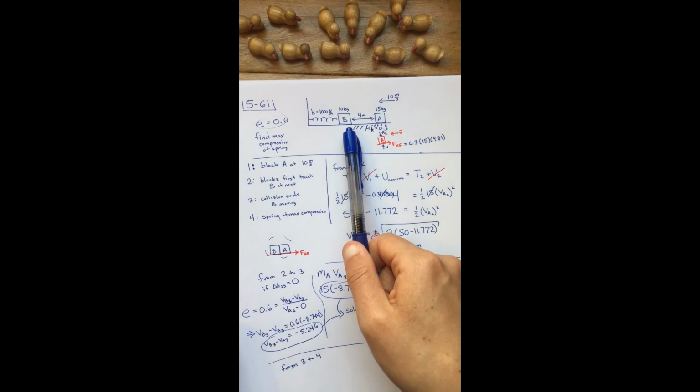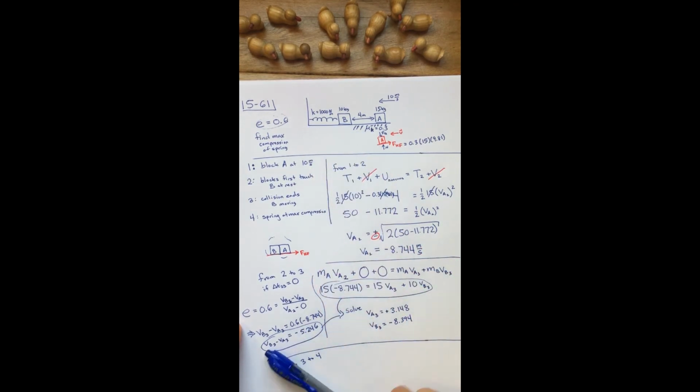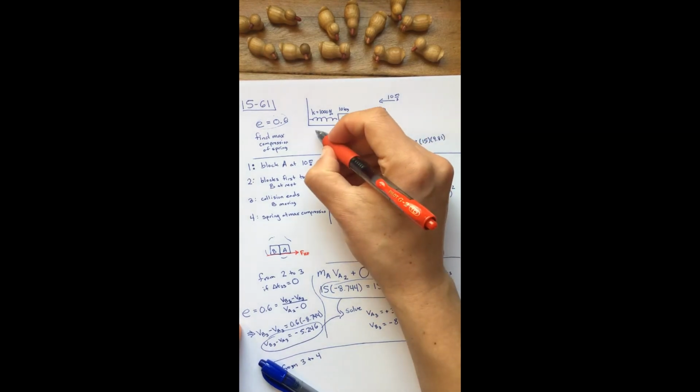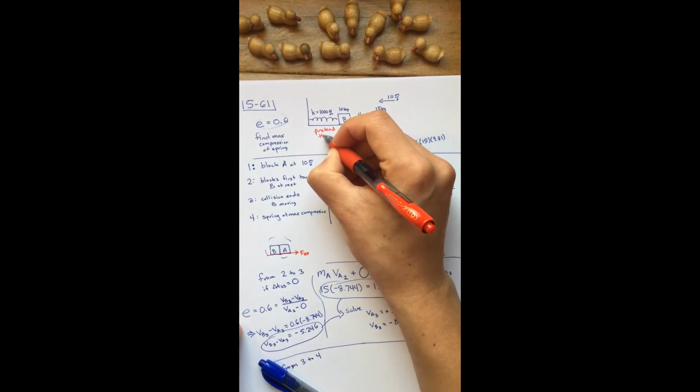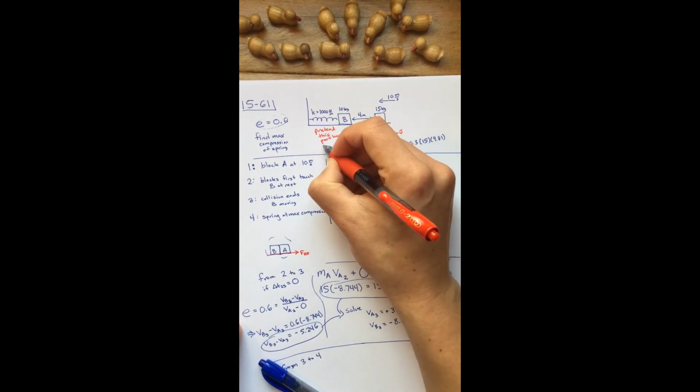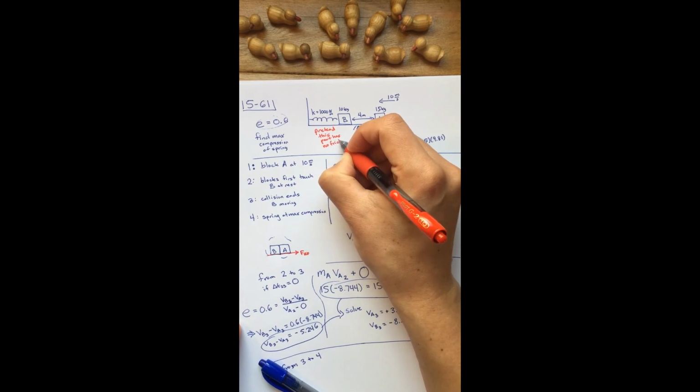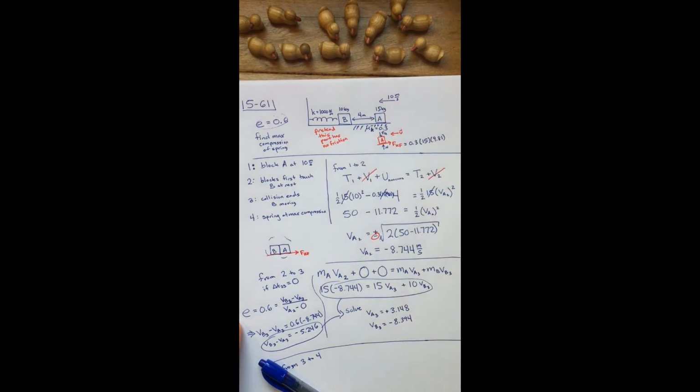So we can pretend that the floor that B is on from here to here has no friction, which is going to give us the answer in the back of the book. Okay, so we just have the force of the spring.